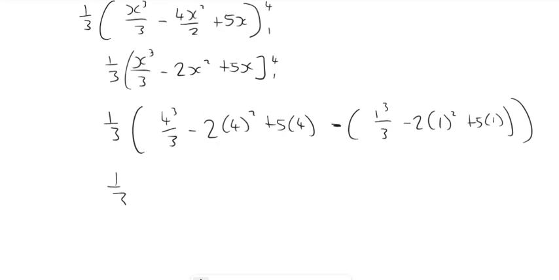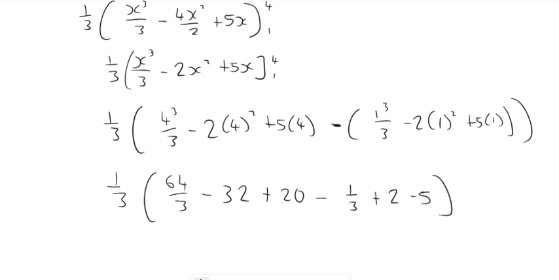So then that's going to be 64 over 3 minus 32 plus 20 minus 1 over 3, so we'll change the signs of everything inside the second bracket now, plus 2 and minus 5.